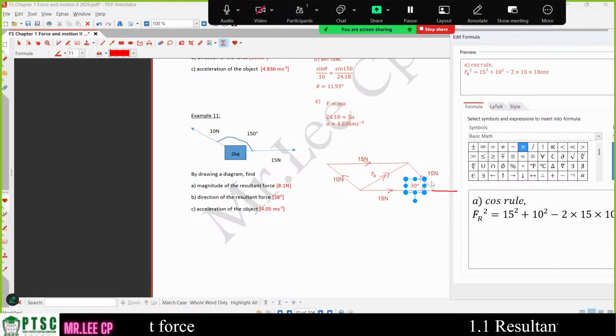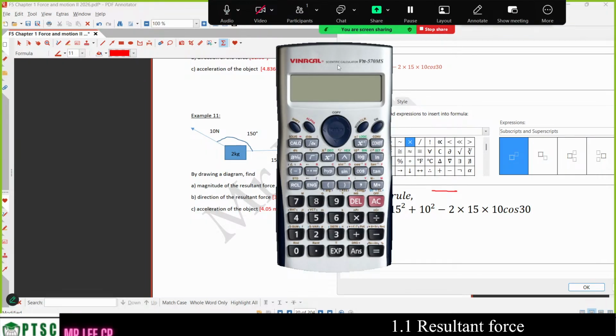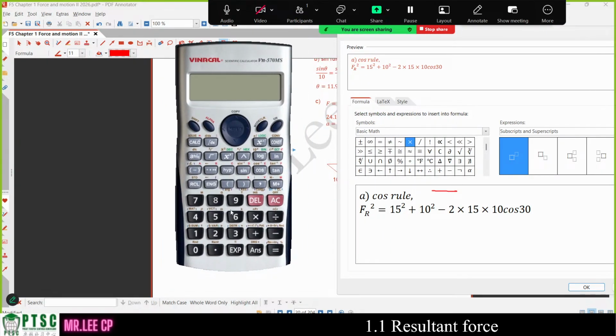You can press the calculator to get the answer.